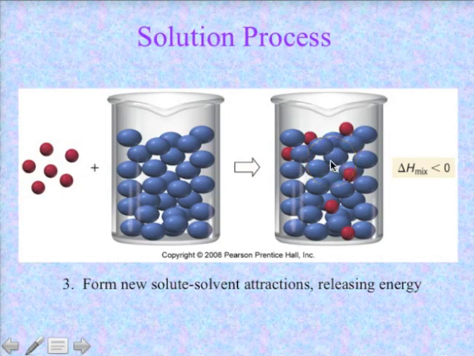The solvent surrounds the solute particles, attractions are formed, and energy is released. So this process is going to be exothermic. So it's the interplay between those three that determines whether the overall solution process is exothermic or endothermic.